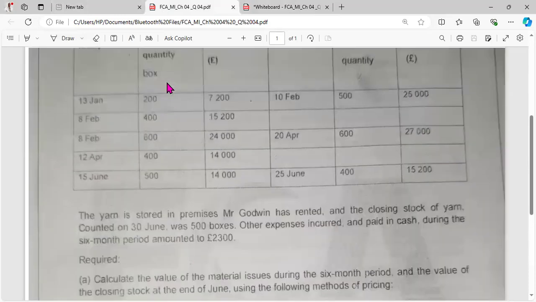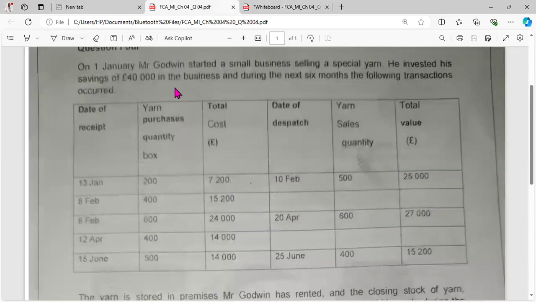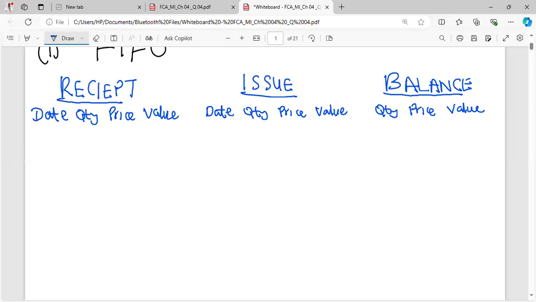Let's fix the dates. There is no opening stock. He started the business by investing his savings in the business, $40,000. That's the capital. And the first thing he did was to buy 200 boxes on 13th of January. So let's start January 13th.